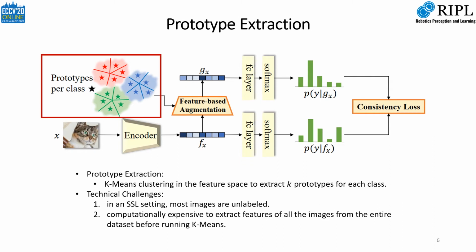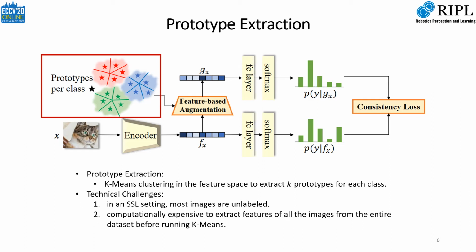In order to compute the set of prototypes per class for feature-based augmentation, we propose to use the simple k-means clustering in the feature space to extract k prototypes per class. However, there are several technical challenges to do so. First, in a semi-supervised setting, most images are unlabeled, so we don't have the label information to extract the prototypes for each class.